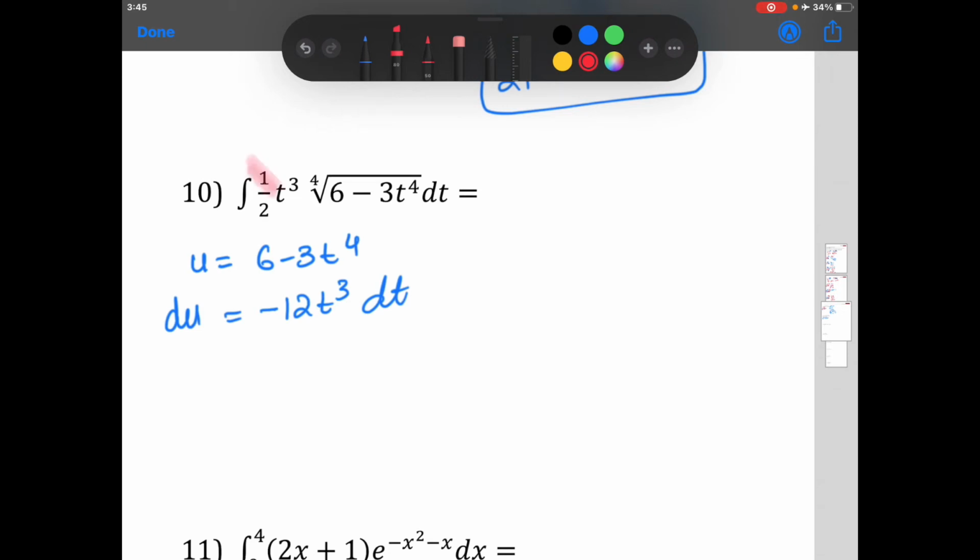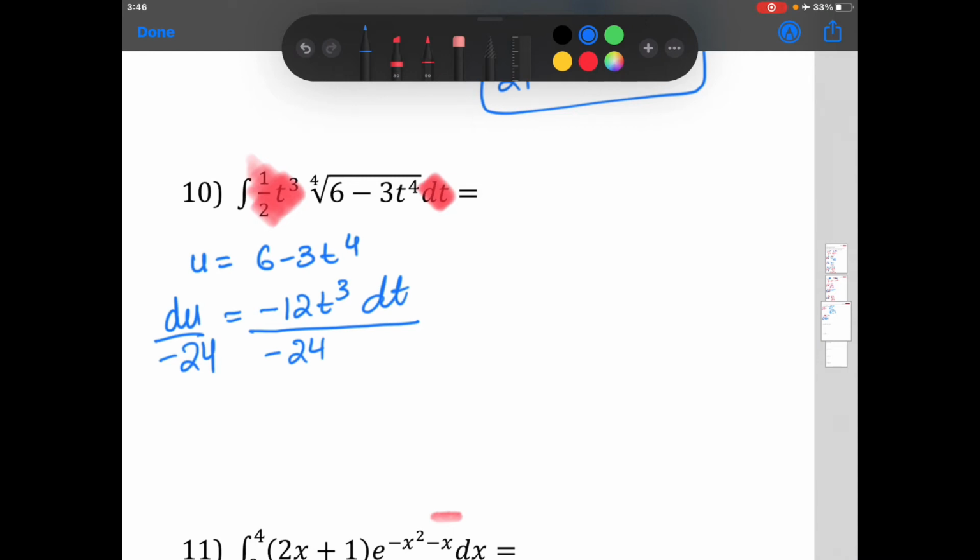I have 1/2 t cubed dt. So I want to rewrite this, so I'm going to divide by what? 24. Either you can do that or just pull out the 1/2 in the question itself. So I want to divide by actually negative 24.